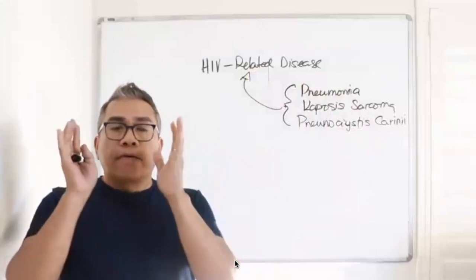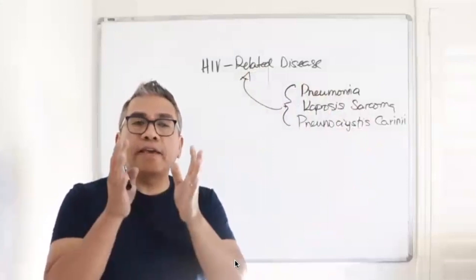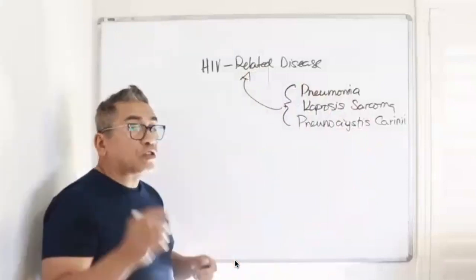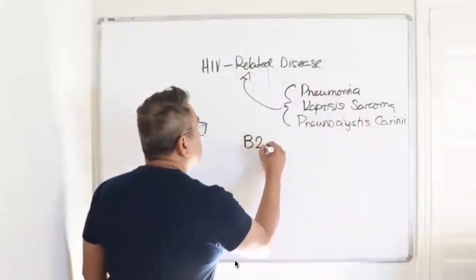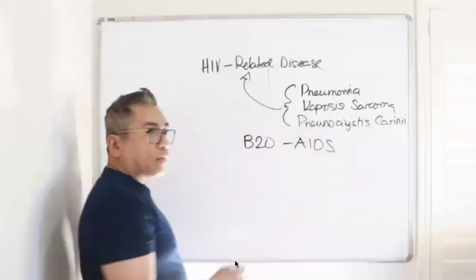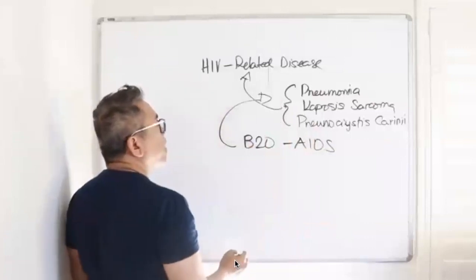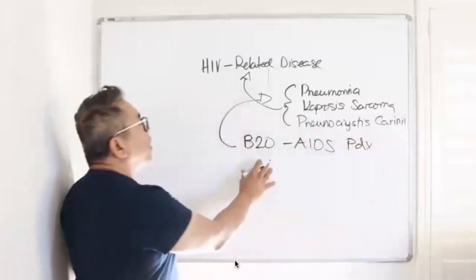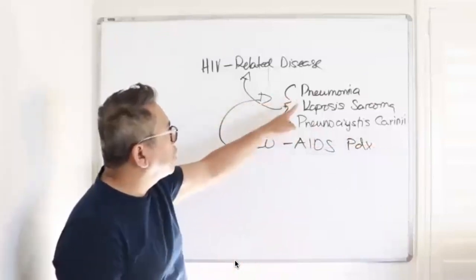Now, the guideline says if the patient is admitted with an HIV-related disease, what is your primary diagnosis? Your primary diagnosis is B20. This is your AIDS code, followed by these guys here. After you have assigned the B20, you are to assign the code for these.